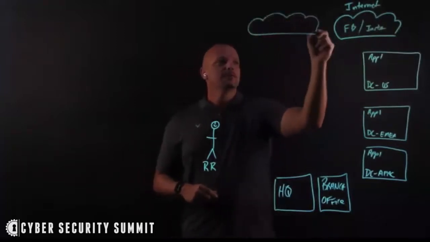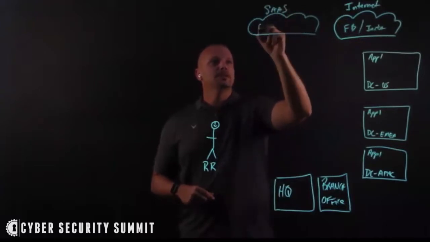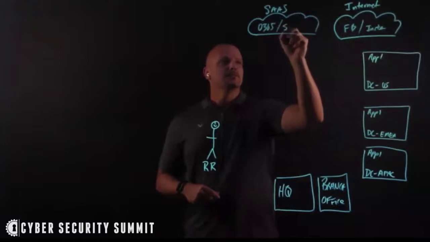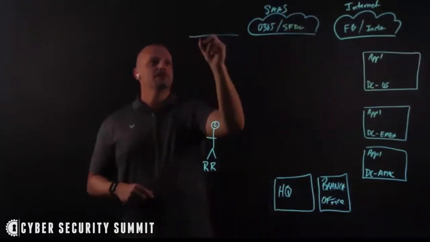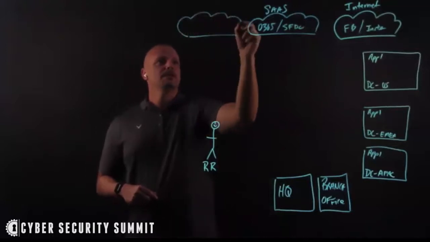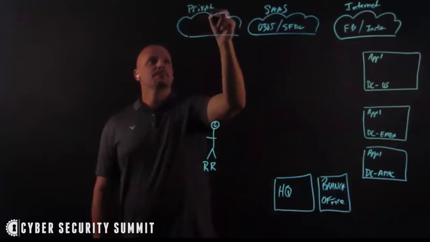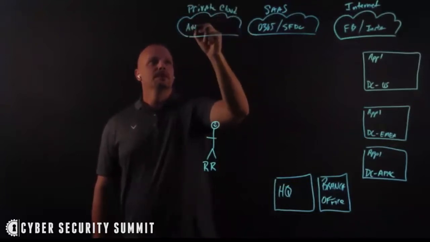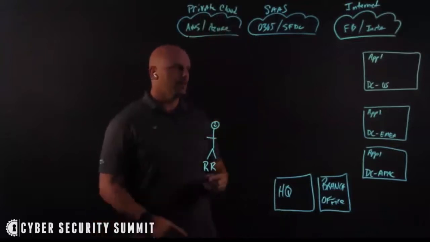And then you might also have SaaS-based applications. You got your Office 365 and Salesforce.com. And last but not least, you have your private cloud. And this could be, again, AWS or Azure, you name it, right? It's up there, all this kind of good stuff.